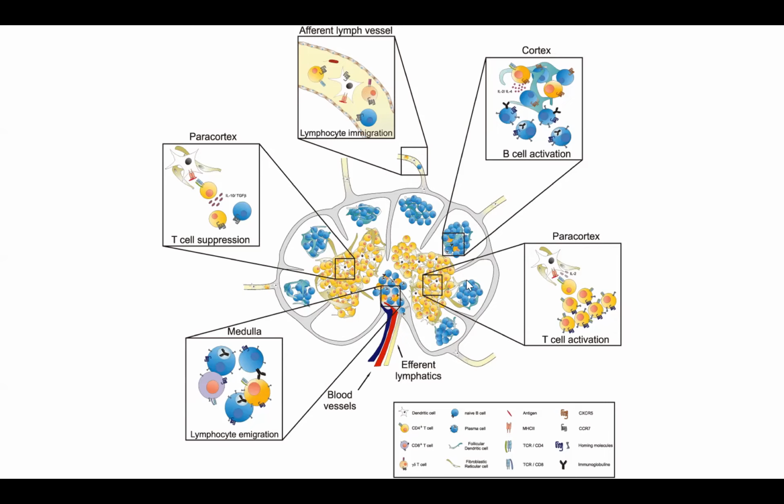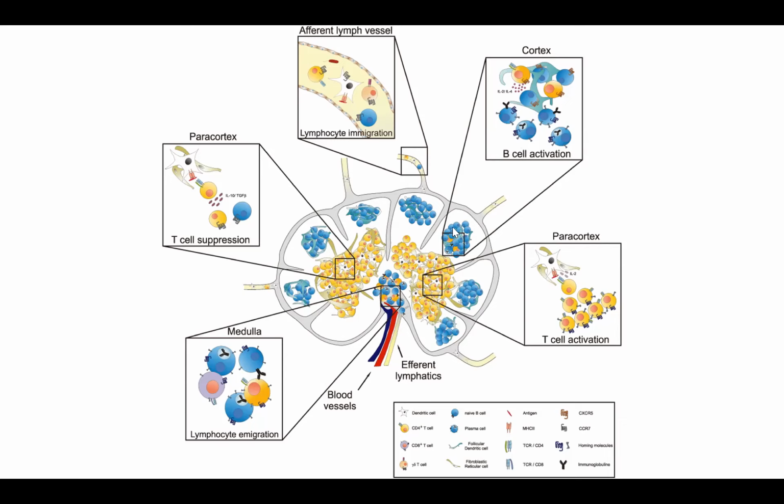Okay. Now you have the cortex, and that cortex, there's some complexity. There's light and dark cortex, but we're not showing that. And then there's the paracortex, which is next to or around the cortex.